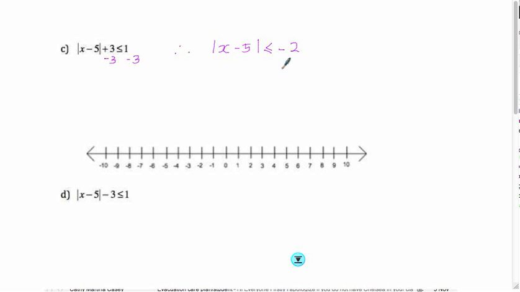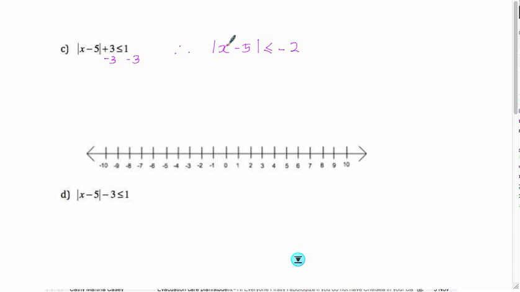Now, as is usually the case, I always put in an example which tests your full understanding. In this case, if you read this statement, it reads the distance of this number from 0 is less than or equal to minus 2 units. This creates an issue for us because absolute value, which is representing distance, cannot be a negative.